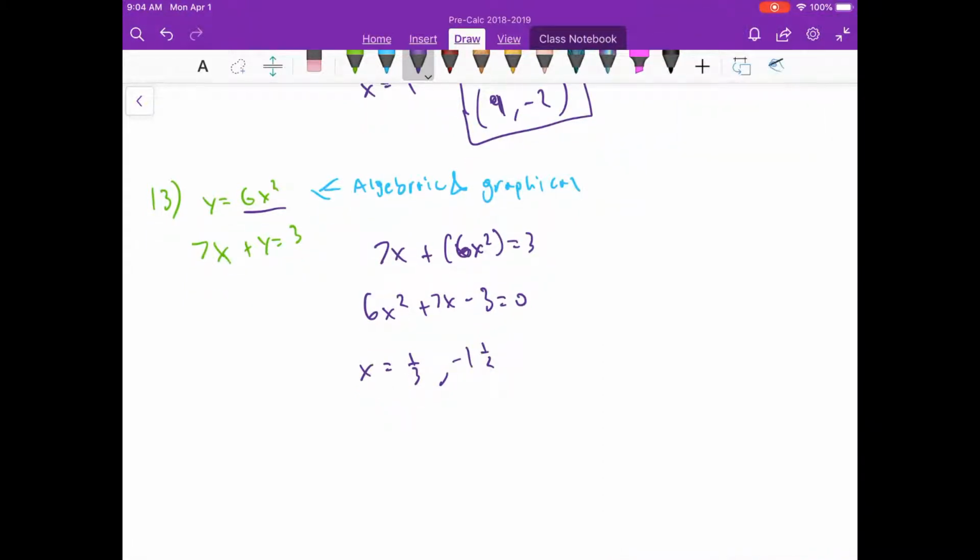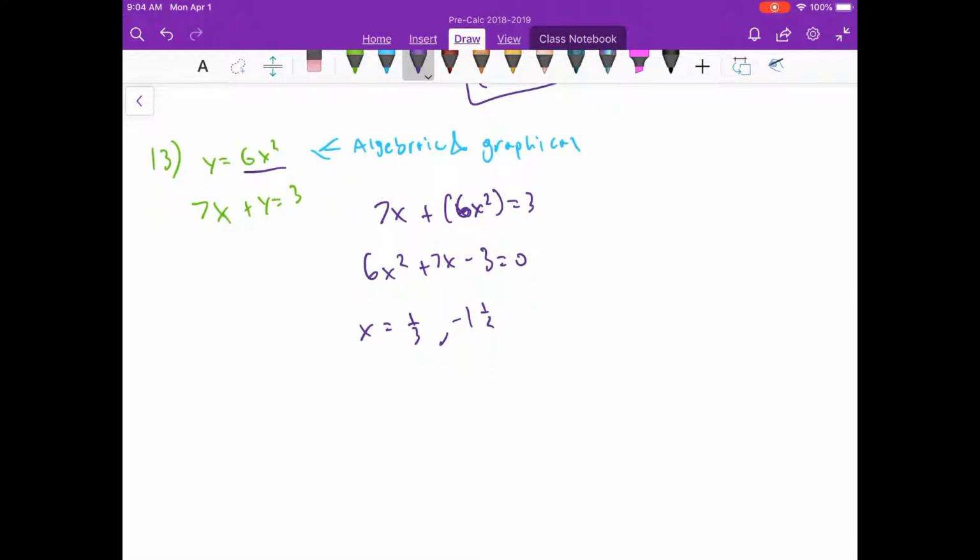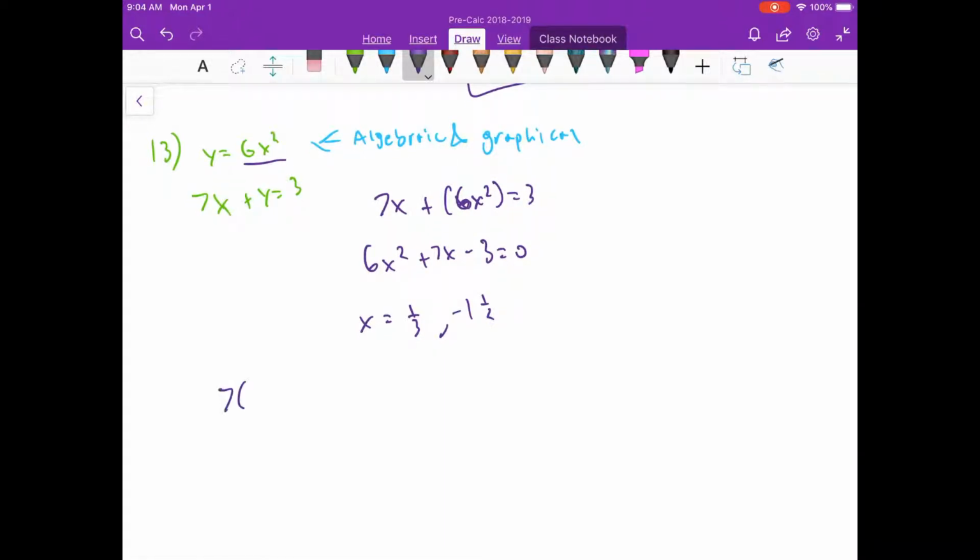Let's go ahead and find the y's for these. I'm going to use the second equation because that's a little simpler than having to find square roots. Let's plug in 1/3 for x. We get 7 times 1/3 plus y equals 3. So that's 7/3 plus y equals 3.